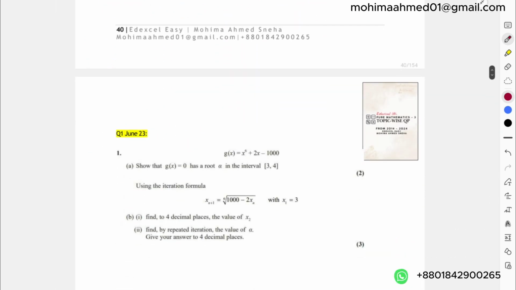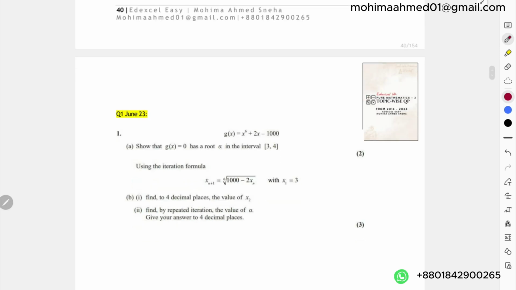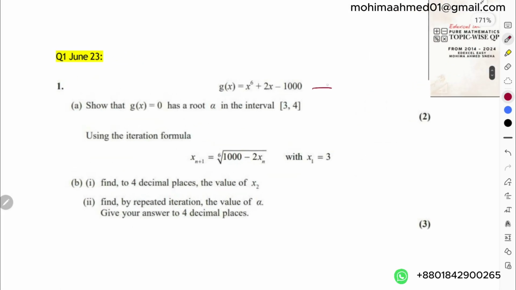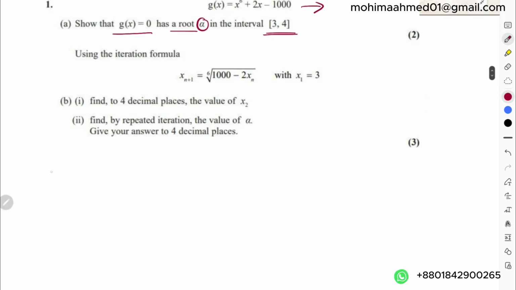Then if we move on, this is from June 23, question 1. Okay, very small question. It says that this is the equation, and we need to show that g(x) equals 0 has a root of alpha within this range. Like the same thing, I have to just evaluate g3 and g4, and within that there will be a change of sign, and hence the root will be in the range of 3, 4. That's just it.